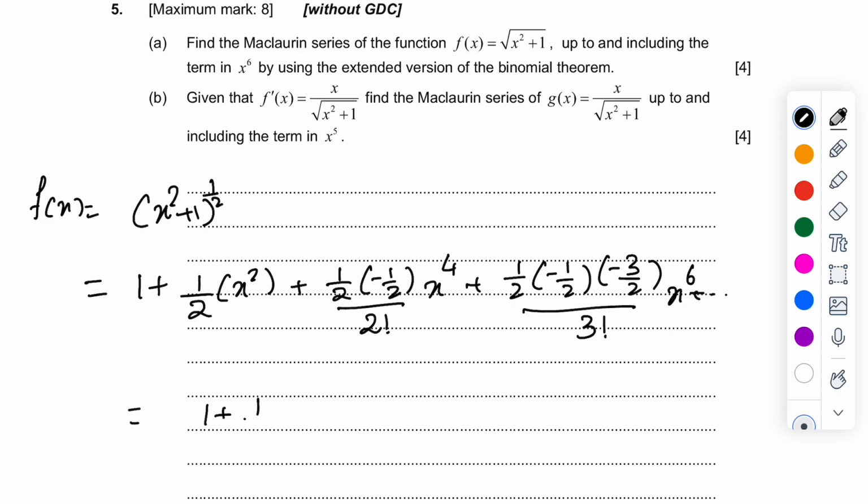Simplify that: 1 plus 1 upon 2 x square minus 1 upon 8 x power 4 plus 1 upon 16 x power 6 and so on.